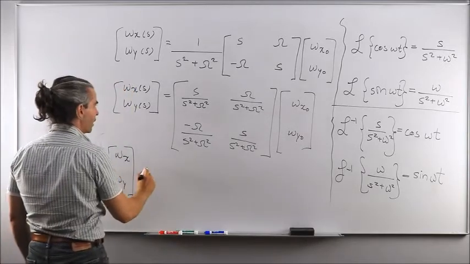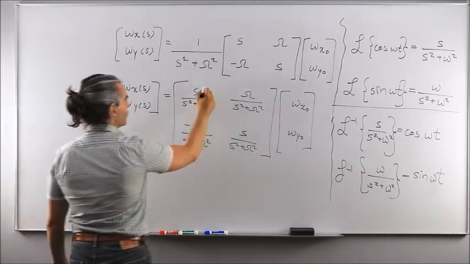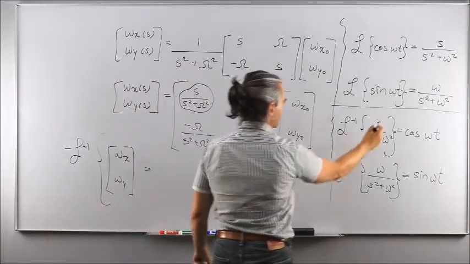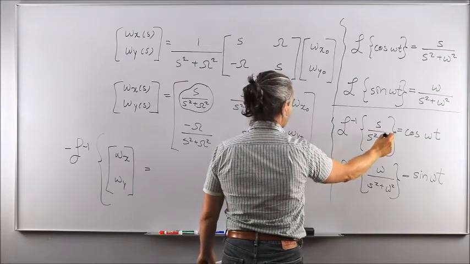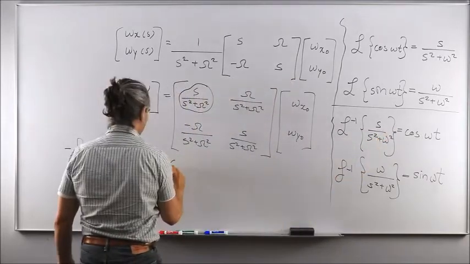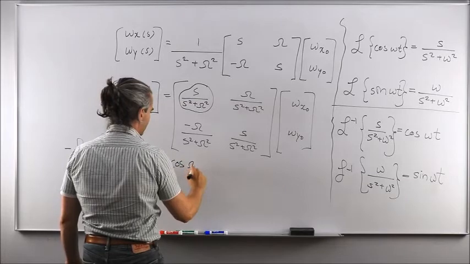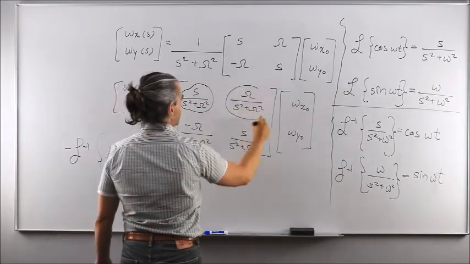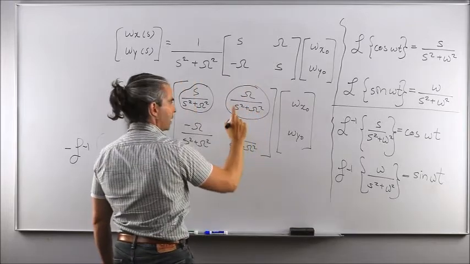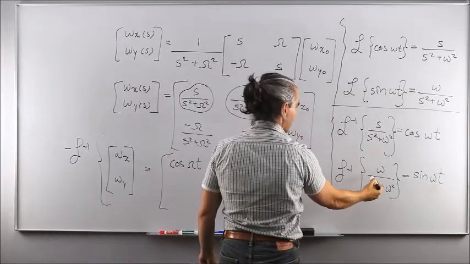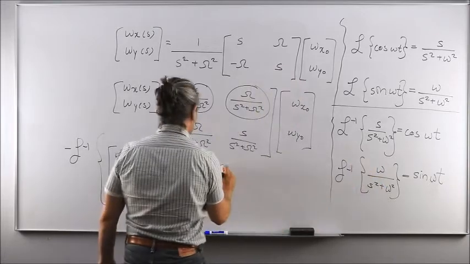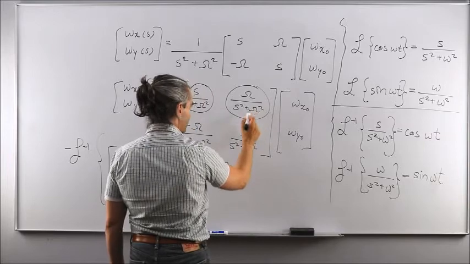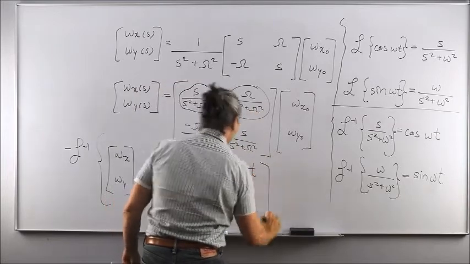So omega x, omega y equal to a Laplace transform of this. So S over S squared plus a constant squared gives me cos of that constant times t. Now, inverse Laplace of a constant over S squared plus a constant squared is that one. And that gives me sine of the constant, which happens to be relative spin rate in our case, times time.